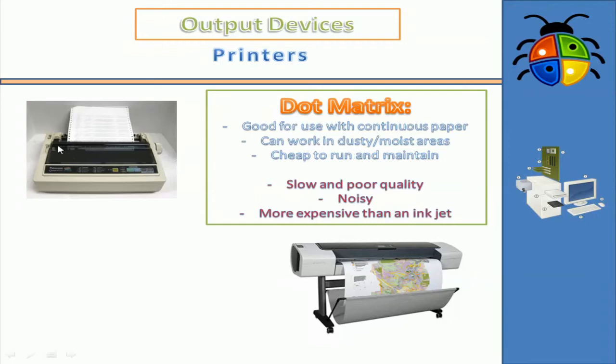So a dot matrix might be better in that situation. And if you're just looking to print out stock information, these are really cheap to run and maintain, although they are getting more expensive to buy because they're not as common anymore, which is one of the funny things. The less common something becomes, the more expensive it is to buy.